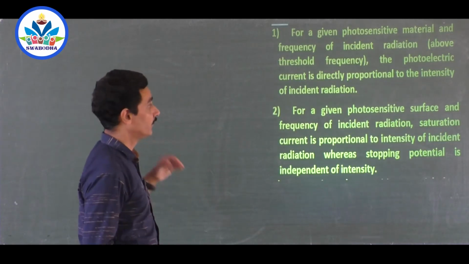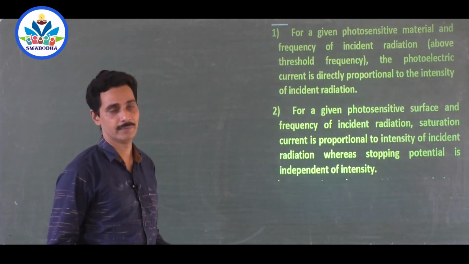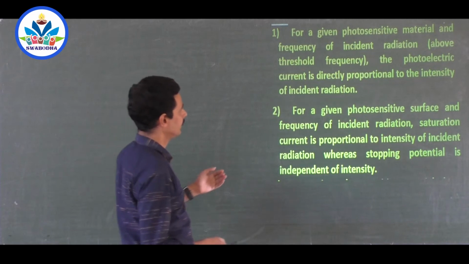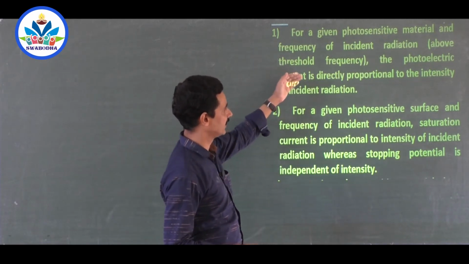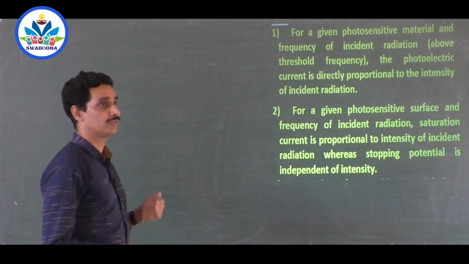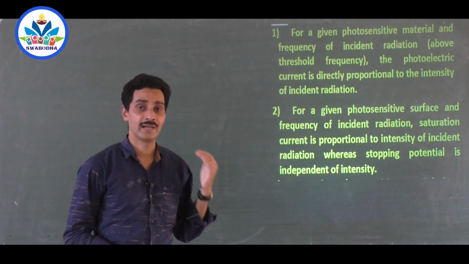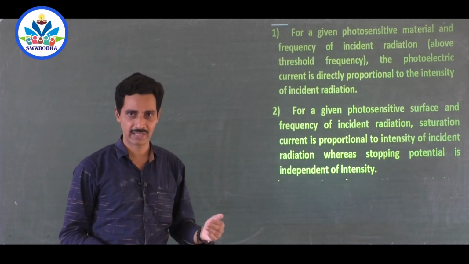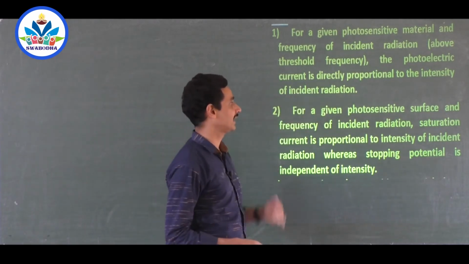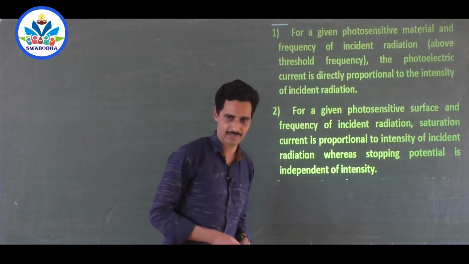First one: for a given photosensitive material, there is a minimum frequency of radiation. Above the threshold frequency, if your radiation is capable of removing electrons, then the photoelectric current is directly proportional to the intensity of incident radiation. You know it.